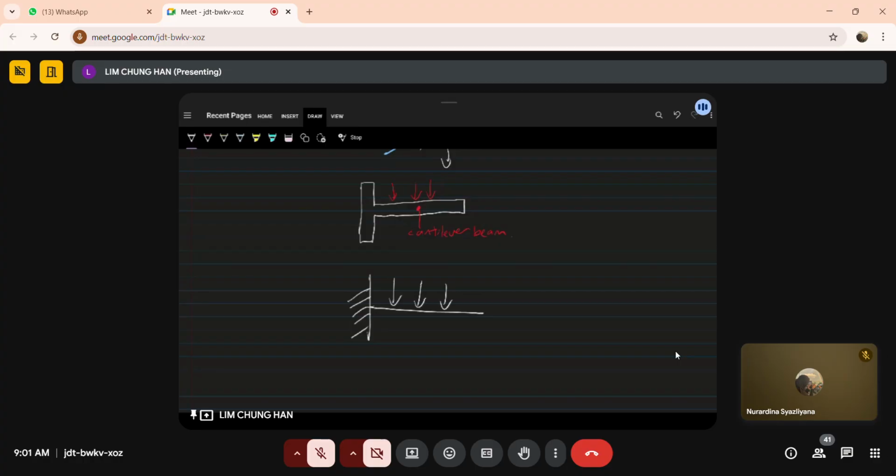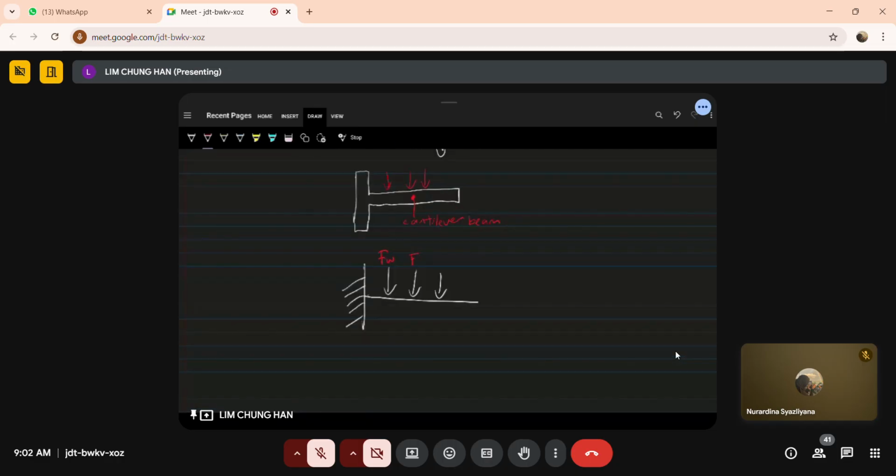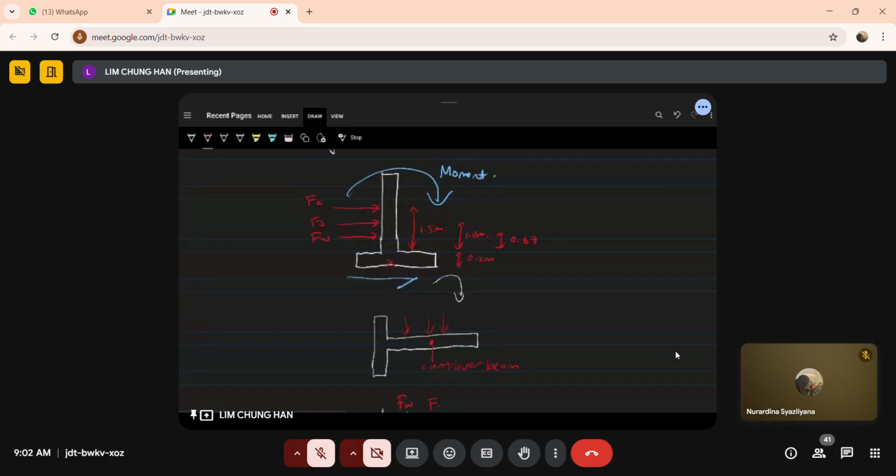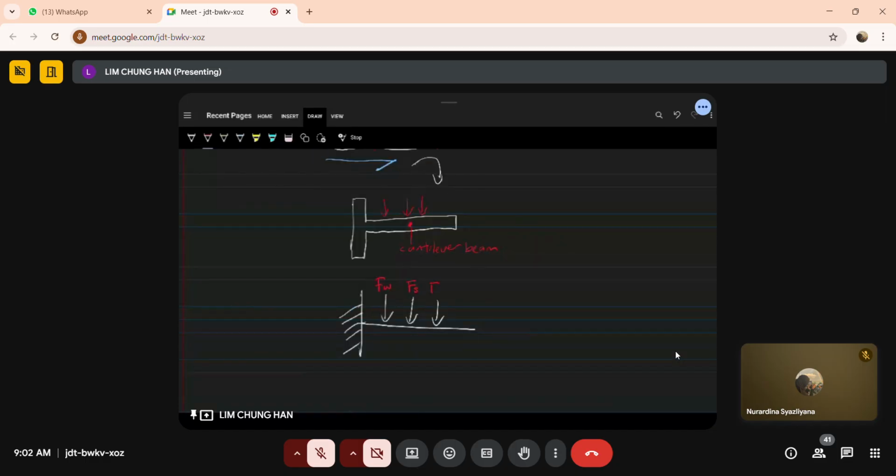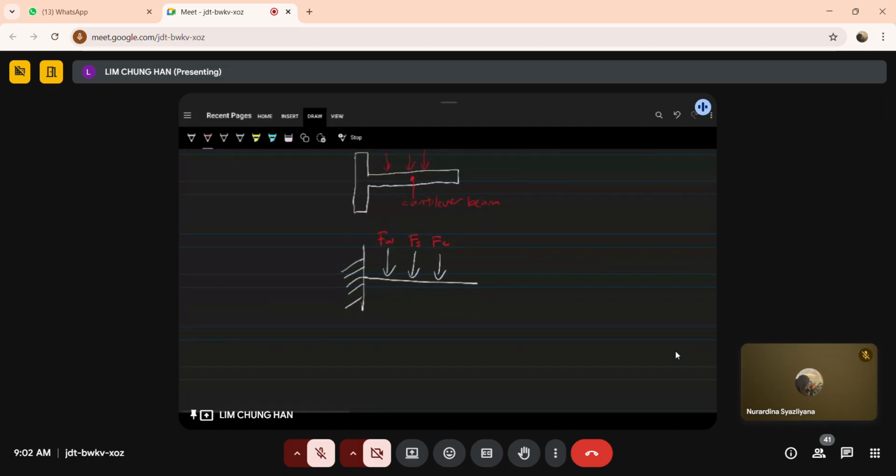Yeah, so this is Fw, Fs, Fc. This distance is 0.67. This distance is 1. This distance is 1.5.